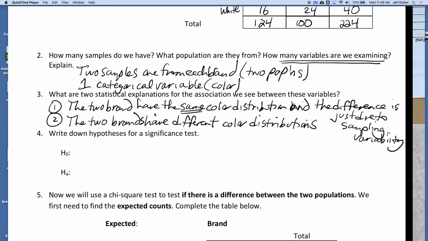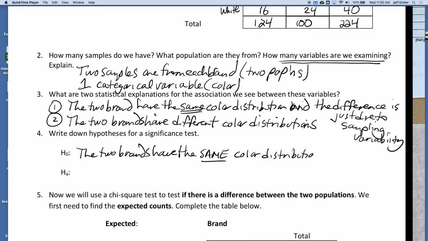Just like we did yesterday, we'll often write them in words, not symbols. So we would say the two brands have the same color distribution. Is the null always this, like they'll have the same? Pretty much, yeah. Well, Kenny, it depends on what test you're doing.